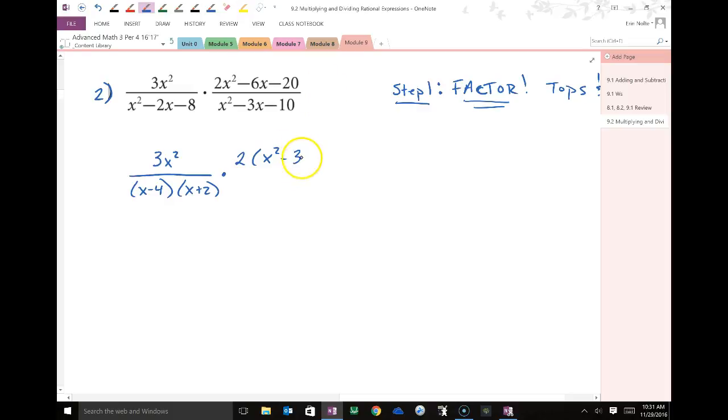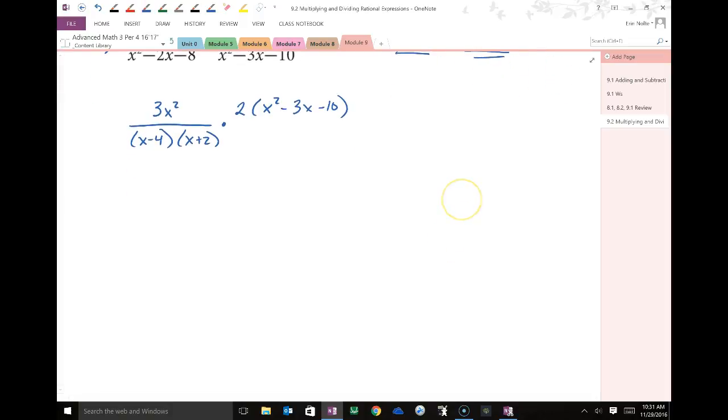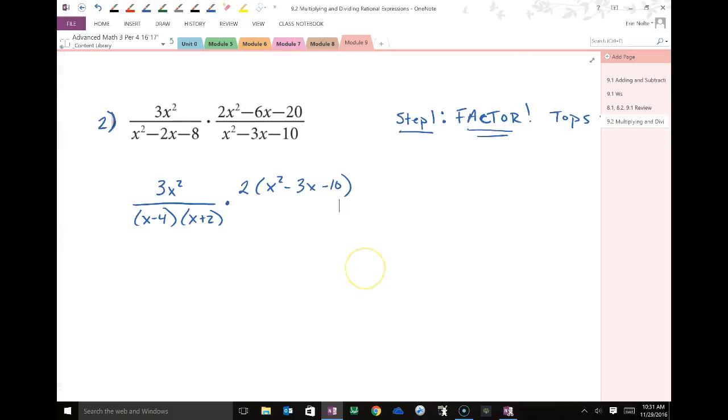I was just seeing if you were paying attention. Good job. Okay, and then could I factor that further? What two numbers multiply to -10 and add to -3? -5, +2. I'm just going to erase this and write -5 and +2.